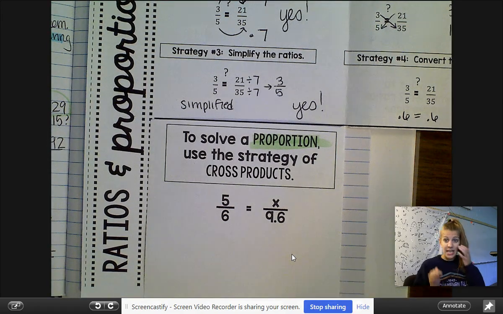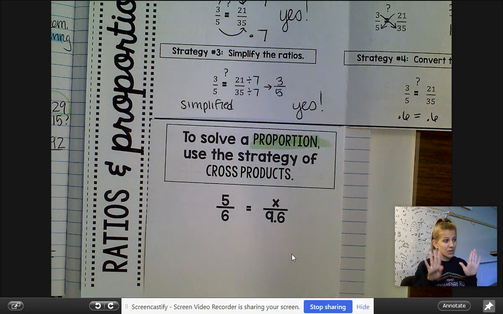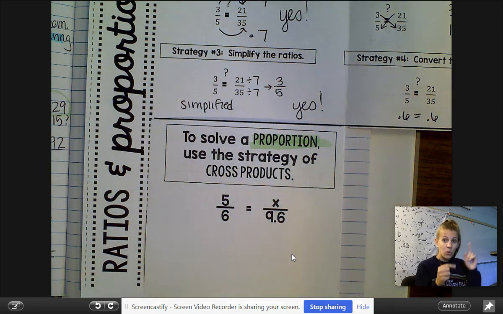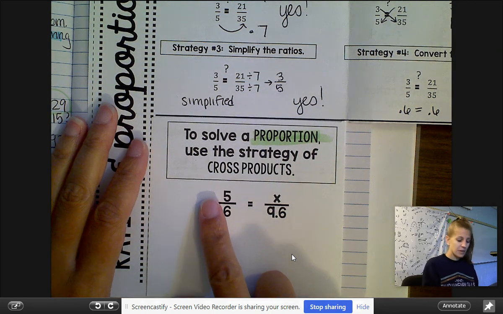Okay, last but not least, let's jump over to proportions again. So again, we were talking about ratios. When two ratios are the same, so set equal to each other, then you have a proportion. But if I don't know what one of the numbers are, I can use that fact to solve, okay?